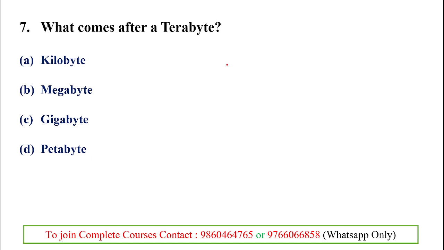Then what comes after terabyte? The terabyte is one of the units in memory, and what comes next to terabyte is petabyte. So you must know the order of these memory units from kilobyte to petabyte: kilobyte, megabyte, gigabyte, terabyte, petabyte.